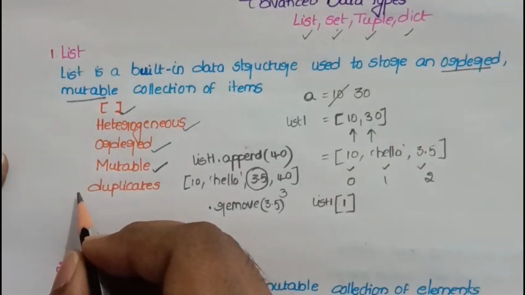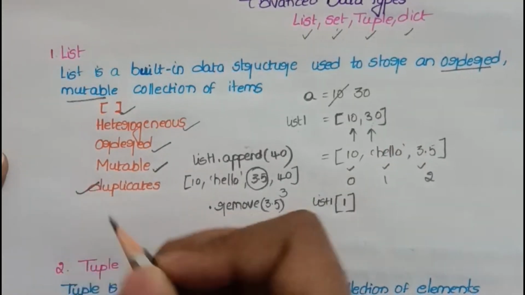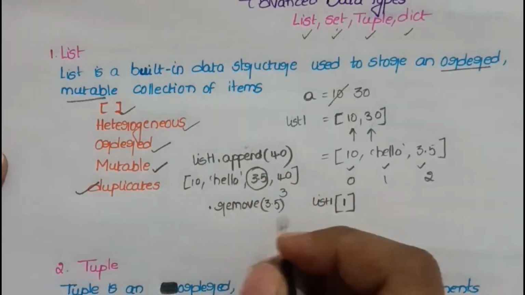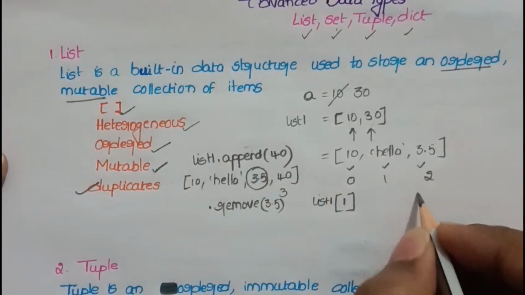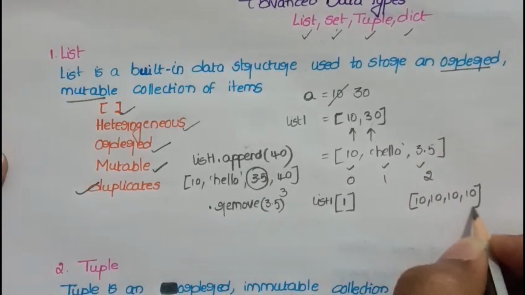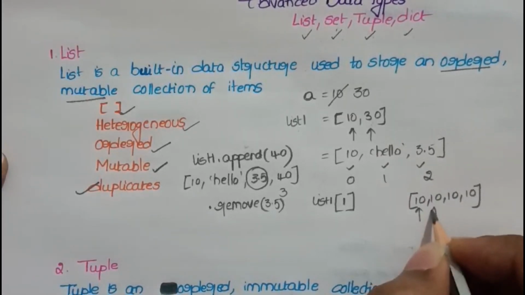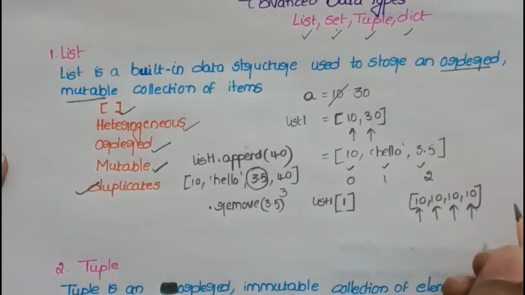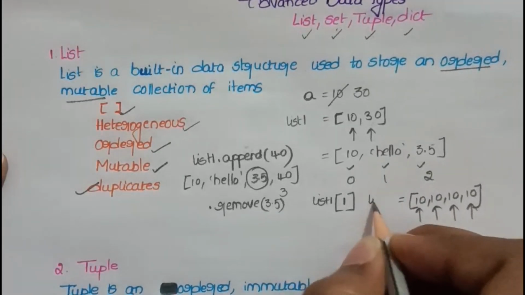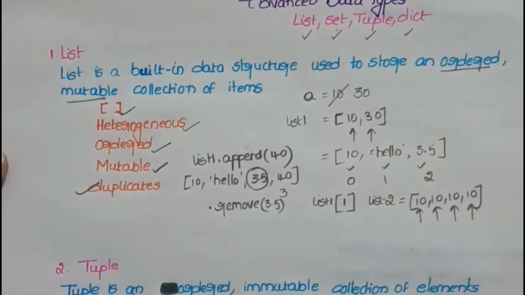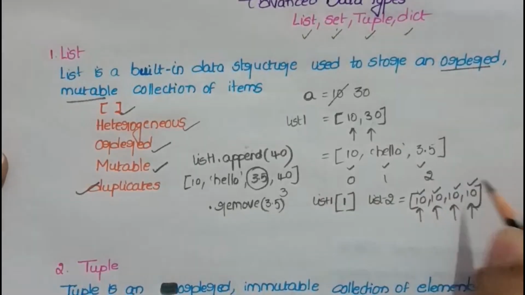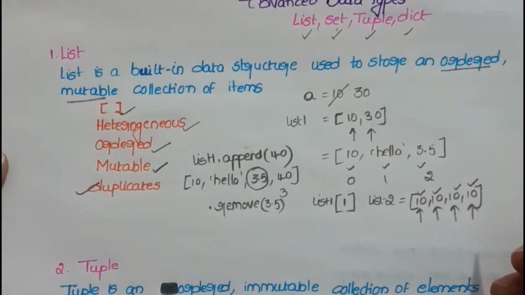And the fourth important feature of list is duplicates. It allows duplicate values. You can store multiple elements with the same value. Let's say I am storing four elements, each of type int, and each value is 10. Let's say I'm storing them in list2. Like this, every element can be the same and duplicates are allowed.